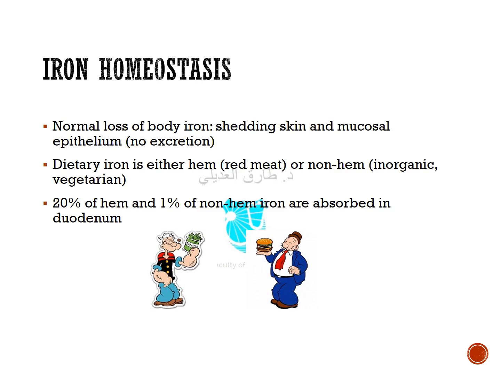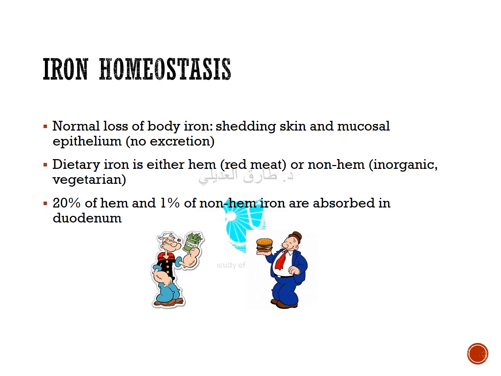Dietary iron can be in two forms. Either heme, which we see in red meat and liver, and this has a bioavailability of 20%. That means if you take 100 grams of red meat, there is 20% of the iron there that you can absorb easily.